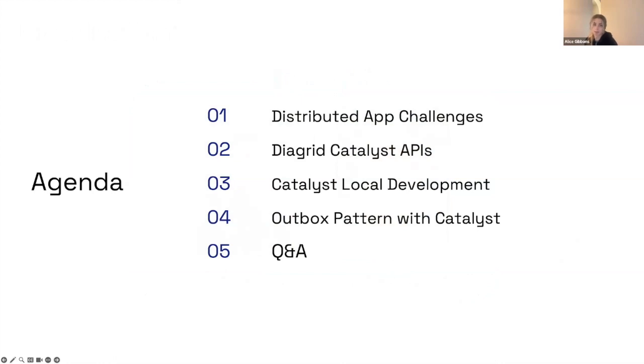From there, I'm going to pass it to Bilgin, and he's going to show one of our patterns that is supported with the Catalyst APIs, and it's the Outbox pattern. He's going to show that on the cloud with Catalyst, and then we're going to leave some time for Q&A at the end. And also there is a Q&A functionality chat in the Zoom webinar on the bottom. So I believe if you can ask your questions there, we have some moderators as well that'll be checking those.